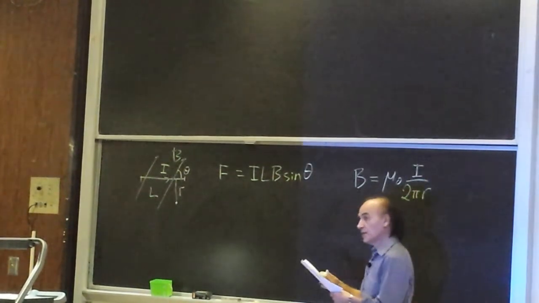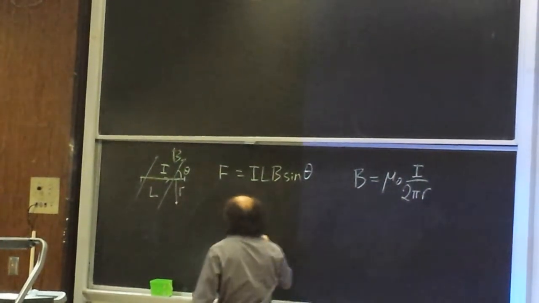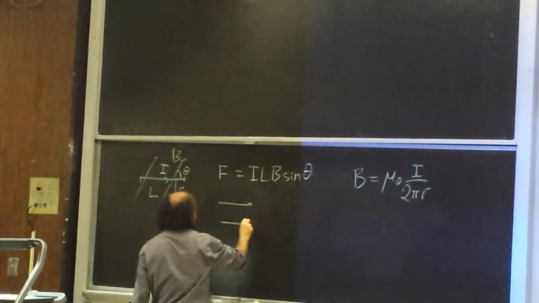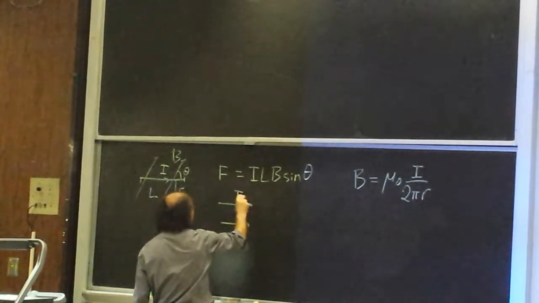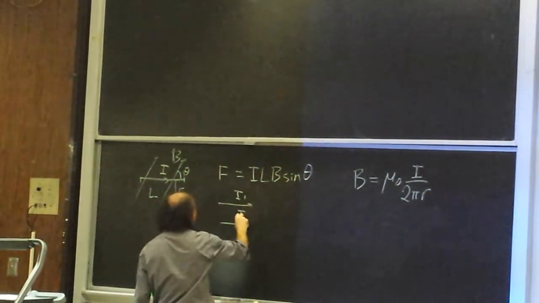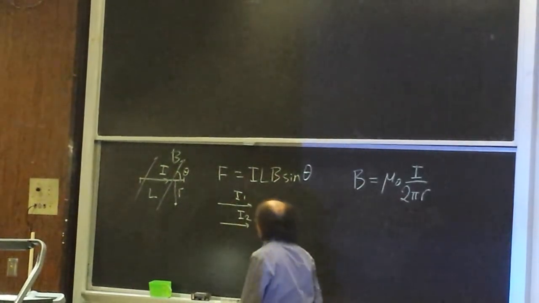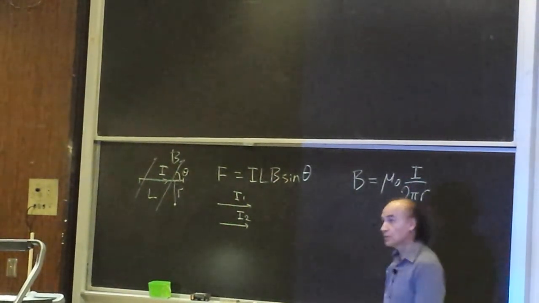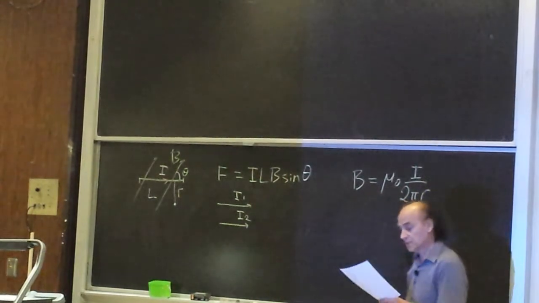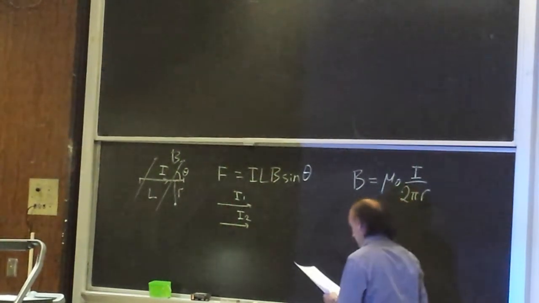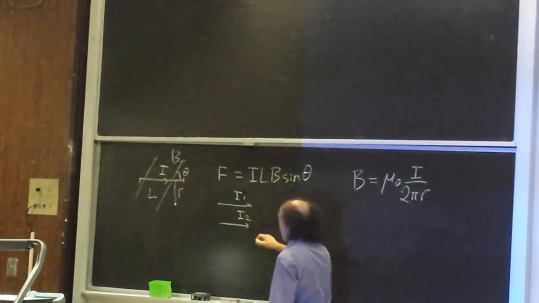Now, if you have two wires which have currents I1 and I2 in the same direction, what would be the force of interaction between these two wires?